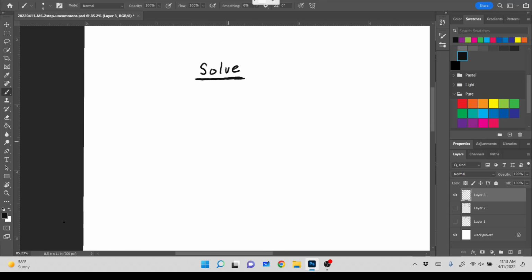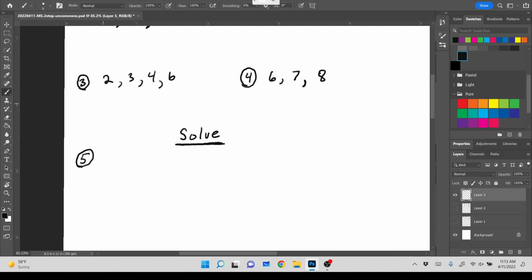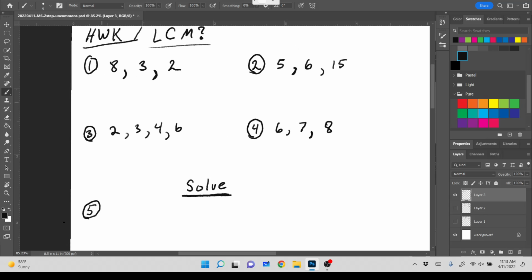I'll give you a hint on that: if you can't get to one any other way, you can always multiply all 3 of them together and get a multiple. It may not be the least, and remember we're looking for the least. But if no other method will suffice, that will ultimately work.